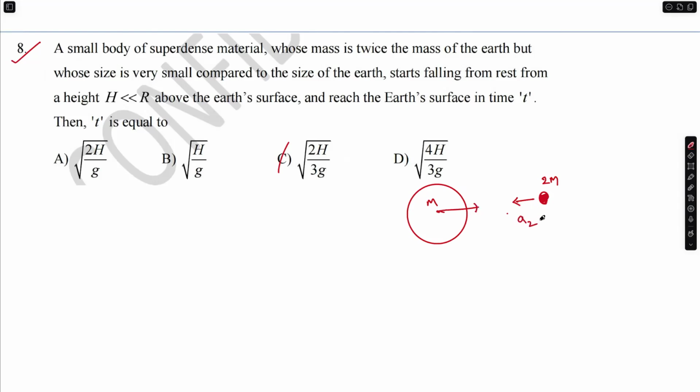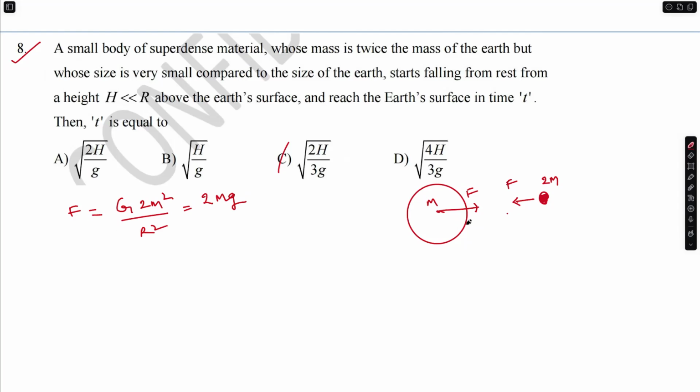So the acceleration on this is... first let me find the force. The force term is nothing but 2mg. Remember, 2mg.